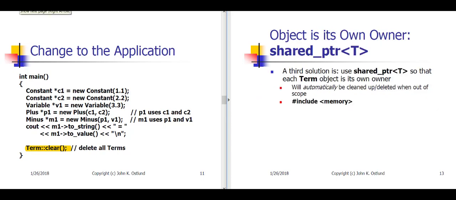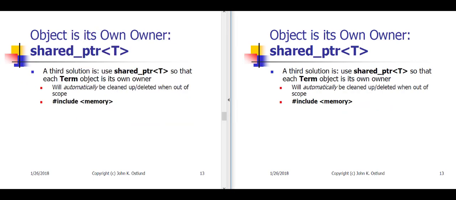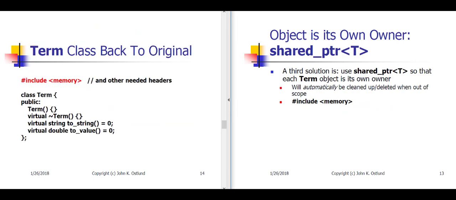So here on slide 13, we're introducing a third way of dealing with the pointer ownership issue. Let's have each object be its own owner. So each object that is allocated is responsible for cleaning itself up. And this can be done using a standard so-called smart pointer type, specifically the shared pointer.